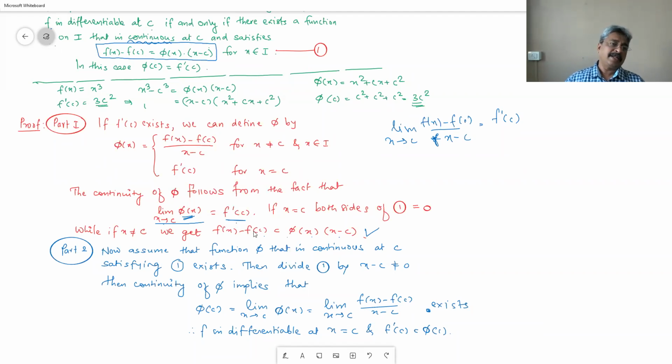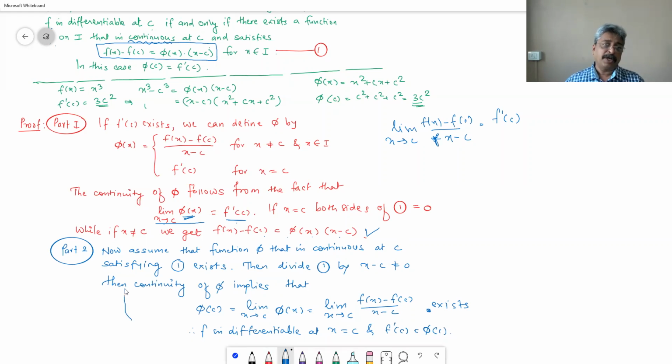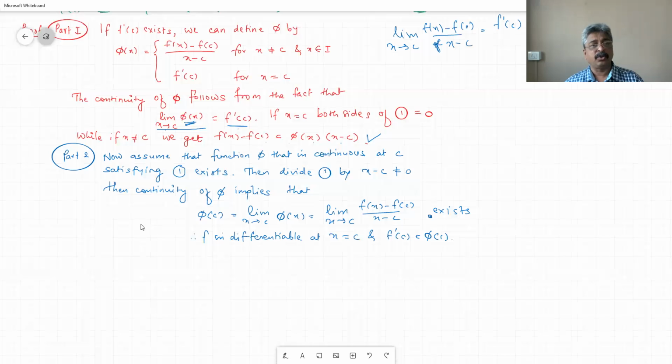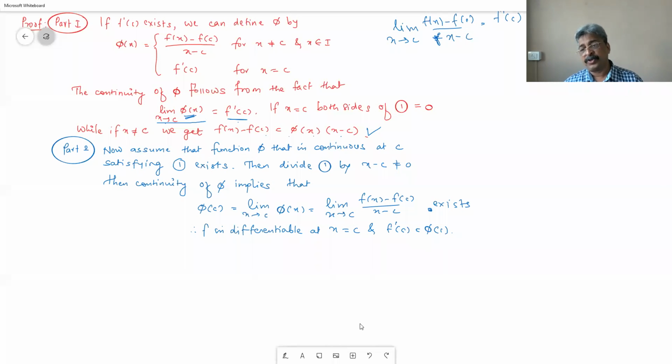And if we assume that there exists a function phi which is continuous at c and is given by this expression, then if we use the definition of continuity, we can complete part 2 of it, and say that f is differentiable at x is equal to c. Now, this is an important theorem because it is both ways, if and only if, and you will be surprised how this is used in proving the chain rule, and that proof is going to be a valid proof compared to the earlier proof.